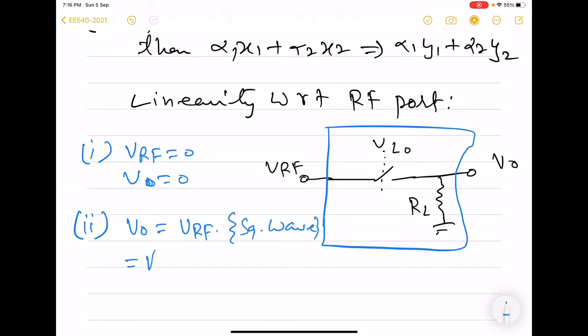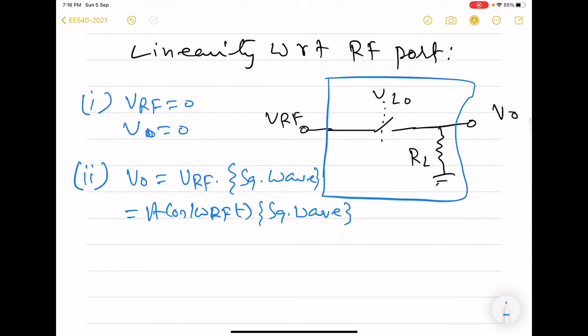So RF here is A cos omega RF T times the square wave. Now suppose we scale up this RF, and we now take K into A cos omega RF T.